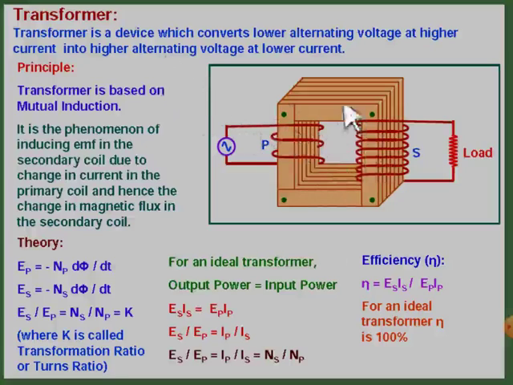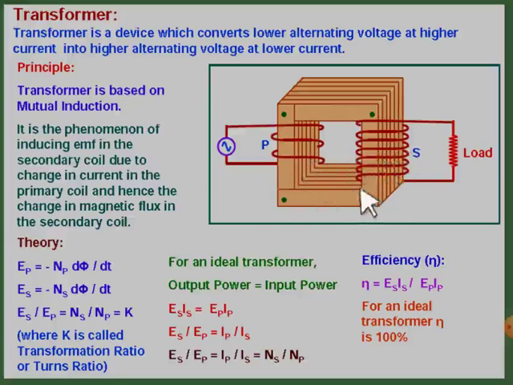What is the principle of working of this transformer? The transformer is based on the principle of mutual induction. We have already learned about mutual induction: whenever the current changes in one circuit, the change in magnetic flux is linked with the other coil, and if an induced EMF is developed in that other coil, then that phenomenon we call mutual induction.